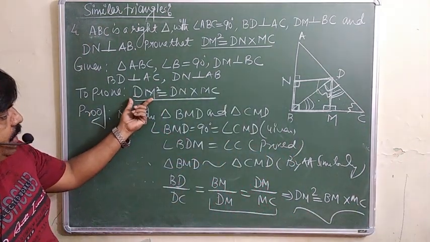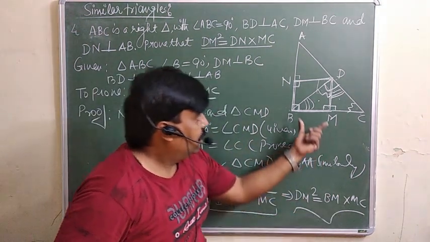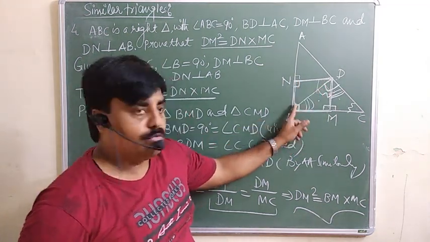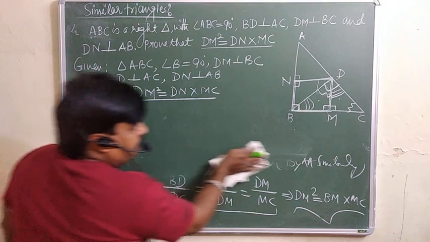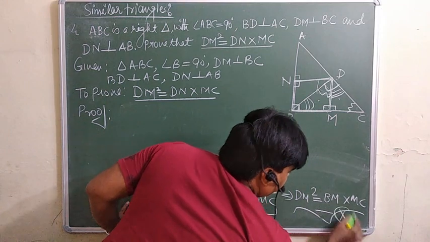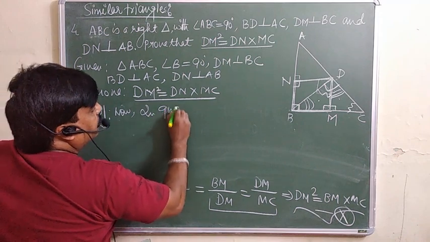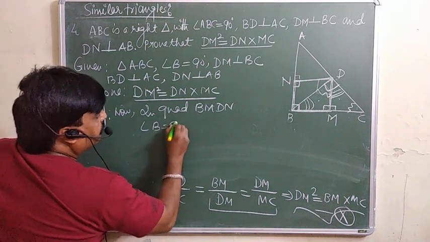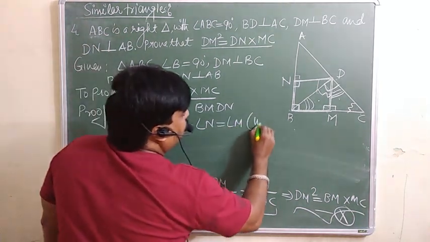But exactly we want to prove DM square is equal to DN into MC. We want DN here. So this is 90 and this 90 and this is also the 90. So either this BMDN is a square or a rectangle. So you can write down here only. Now you can give the numbers here, like you can give the X here. Now in quadrilateral BMDN, angle B is 90 is equal to angle N is equal to angle M. This information is already given.